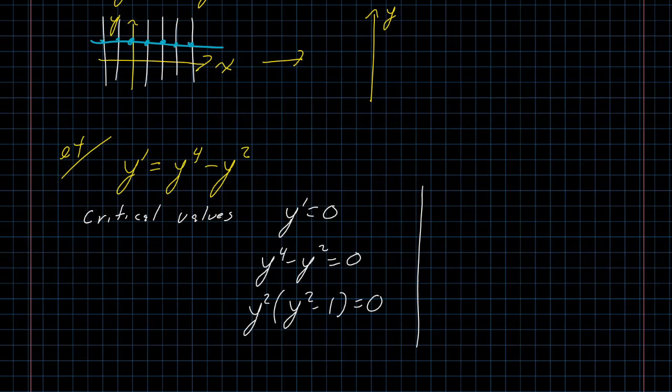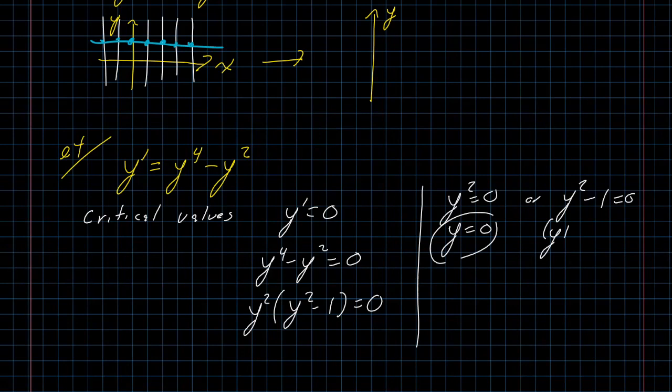I think it makes a little more clean of a solution to separate now and say that either y squared is equal to 0 or y squared minus 1 is equal to 0. If y squared is equal to 0, then y itself is 0. If y squared minus 1 is equal to 0, then either y plus 1 or y minus 1 is equal to 0, just factoring further.